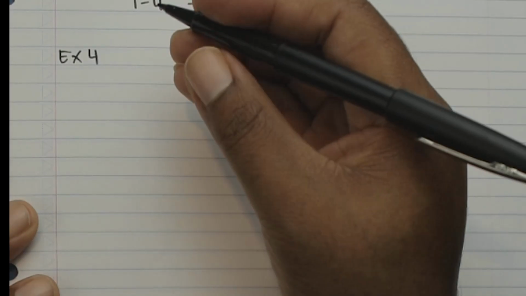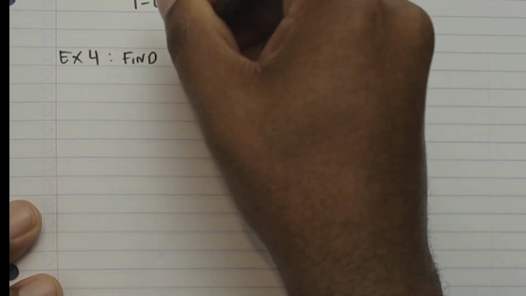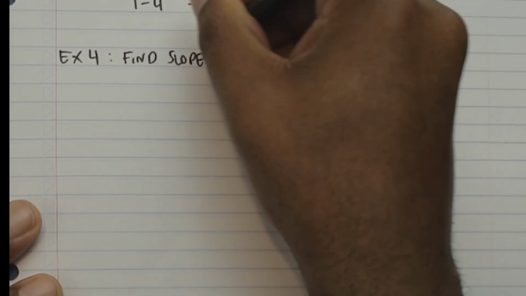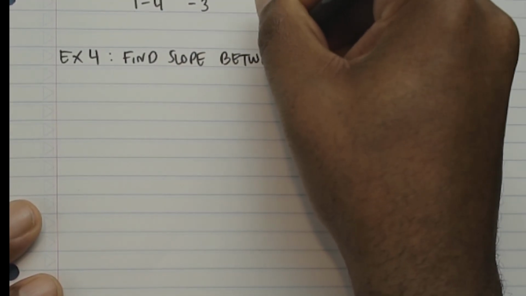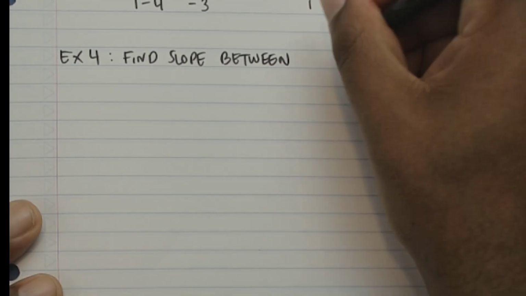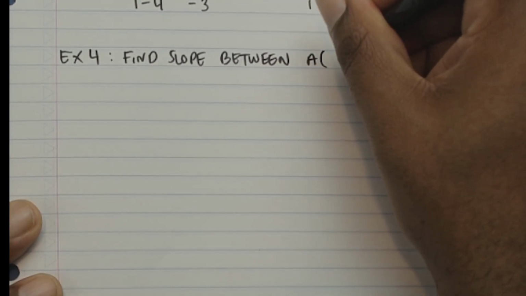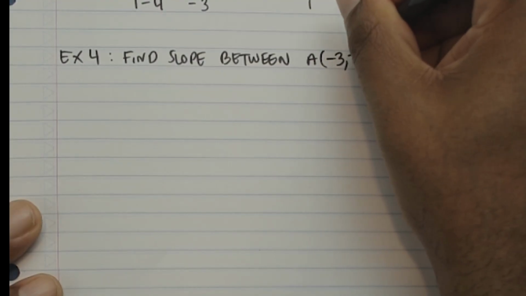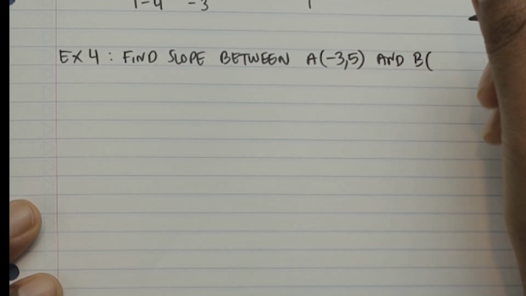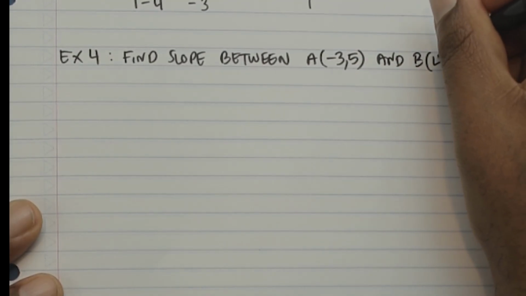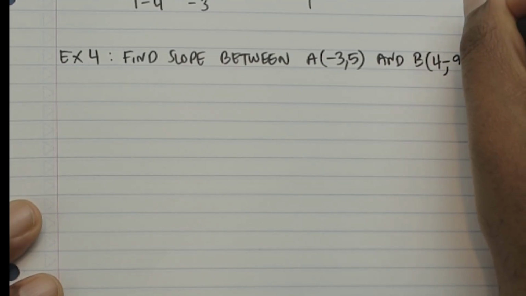Example number 4, find the slope between point A, negative 3, 5, and B, 4, negative 9.